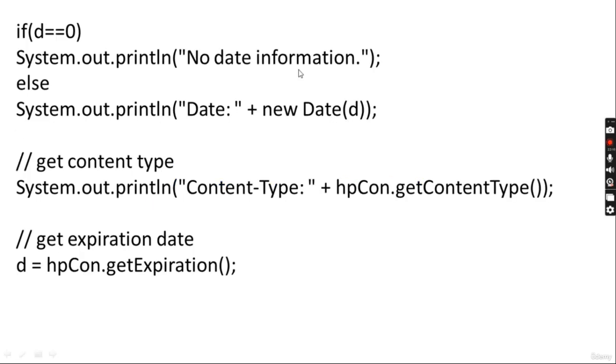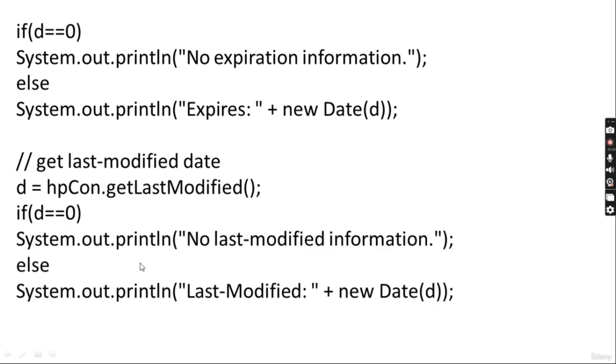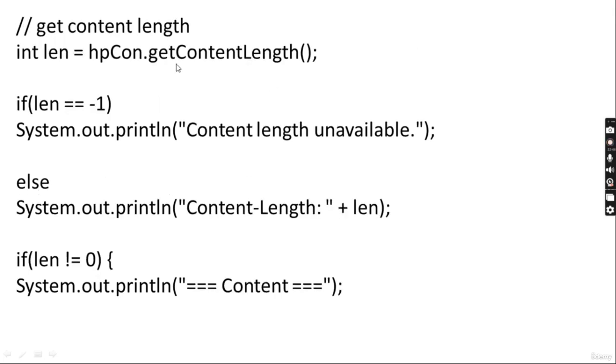If d is equal to 0, there is no date information; otherwise the new date is displayed. Then we get the content type with httpCon.getContentType. For the expiration date, httpCon.getExpiration; if d is equal to 0, no expiration information is available, otherwise the expiration date is printed. For the last modified date, d is httpCon.getLastModified; if d is equal to 0, no last modified information, otherwise the last modified date is displayed.